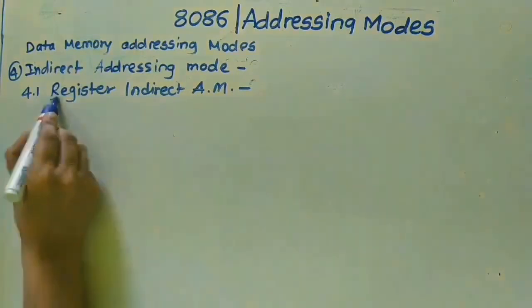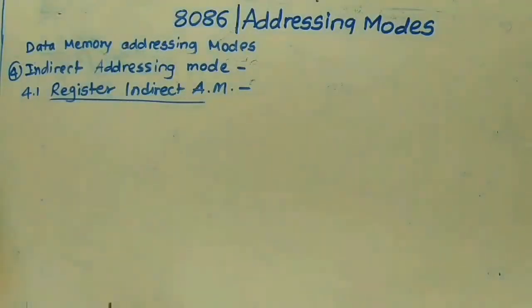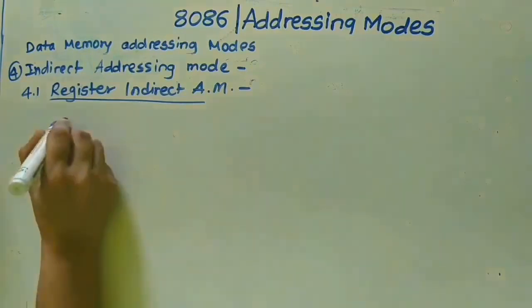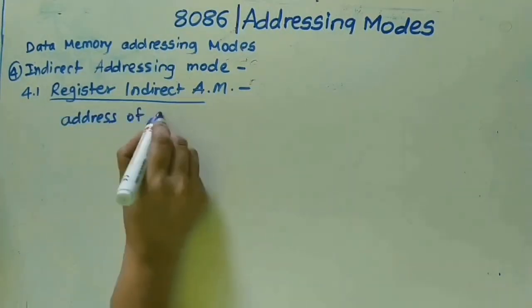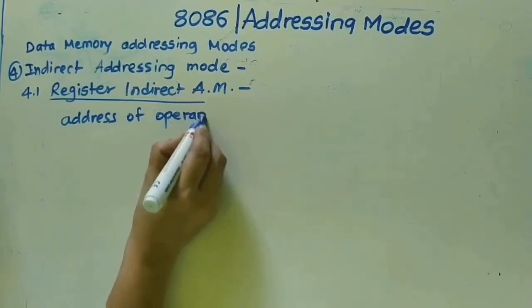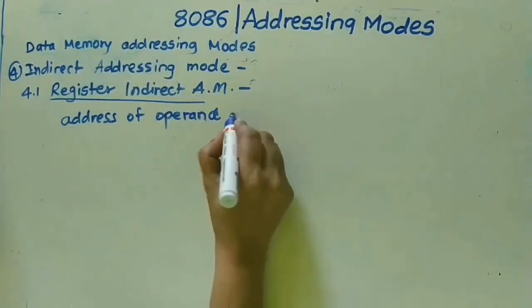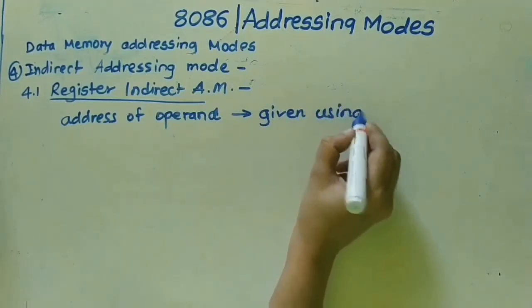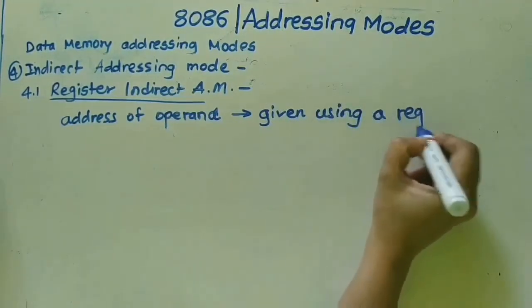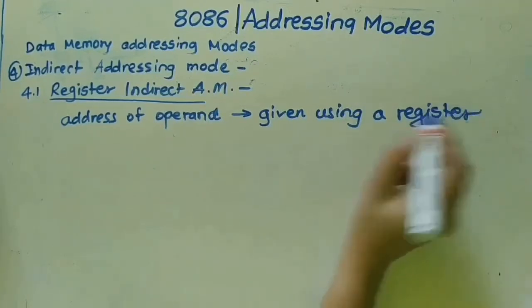So first we'll see register indirect addressing mode. So here the address of the operand is specified by using a register. Means here the address of the operand is given using a register.